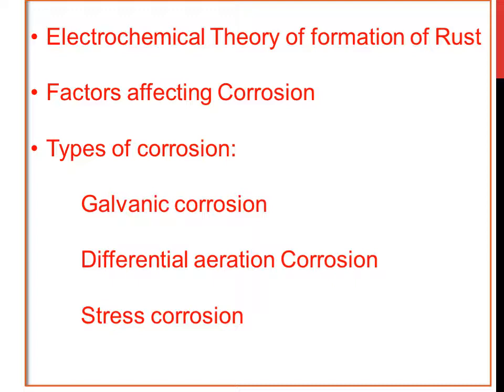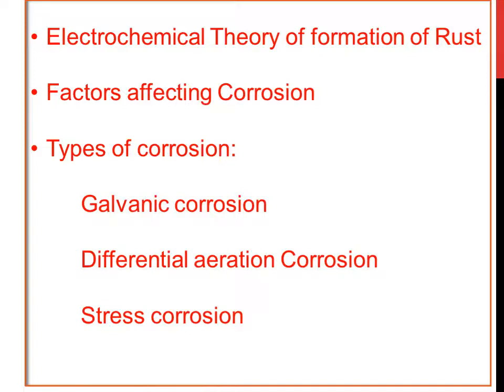The area below this dust particle or water drop has less oxygen supply, so it acts as anode and initiates the oxidation reaction. Once a small pit or hole is formed, the corrosion process goes on, increases, and results in damage or destruction of the metal part.